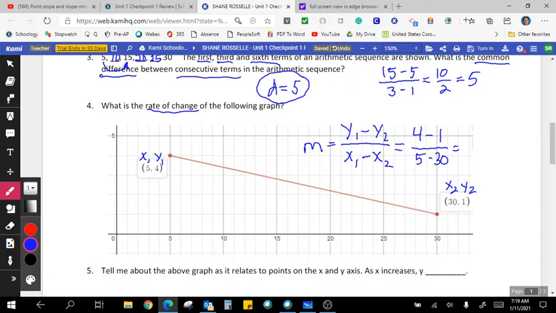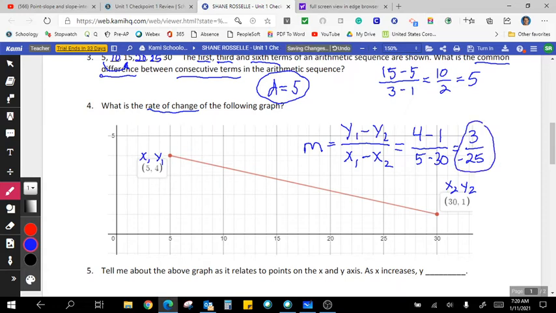Okay, so now what I do is I just go ahead and subtract. I say 4 minus 1 is 3, and I'm going to say 25 right here, right? Because 5 and negative 30, when the signs are different, we subtract them and keep the sign of the bigger number. So negative 30, subtract the two numbers, so 30 minus 5 is 25. And what's the bigger sign? The bigger sign is negative.